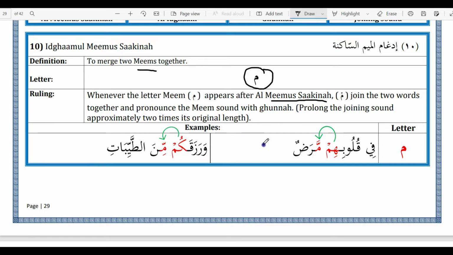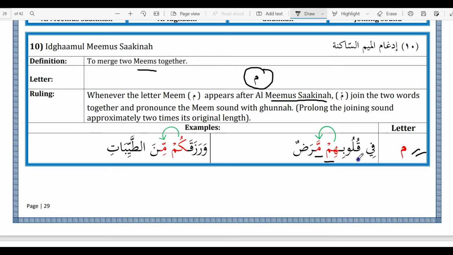In the example, as we said, there's only one letter, which is Mim. If we look at the example here, we have Mim appears after Mim Sakina. And we said, when this happens, we have to join the two words together.